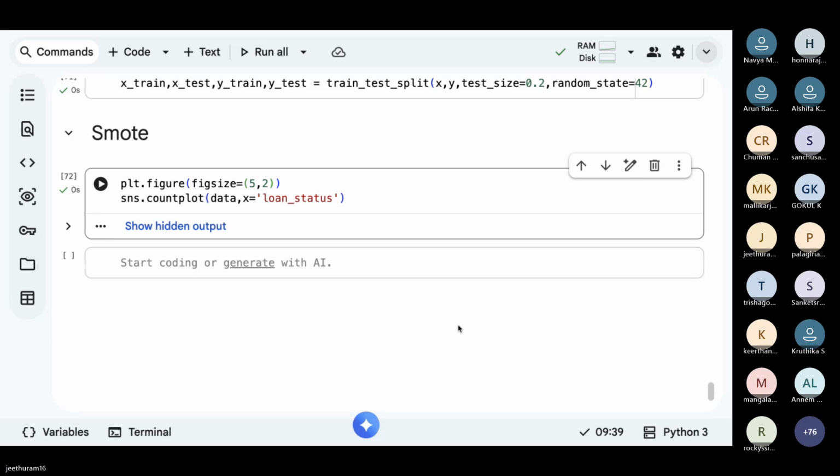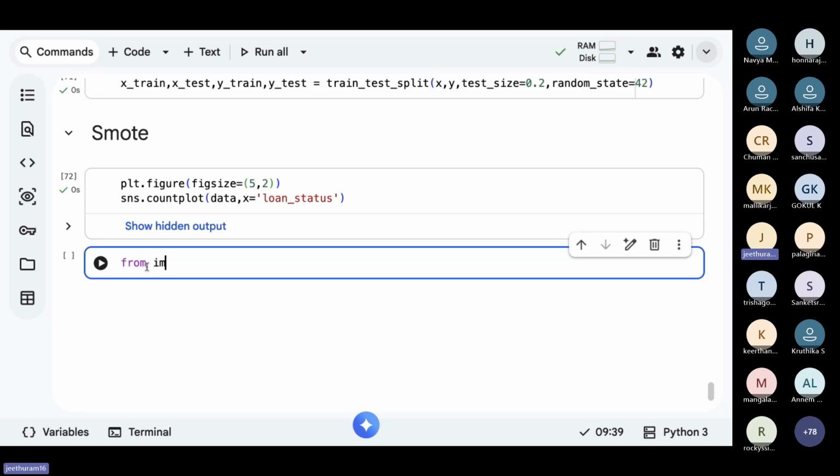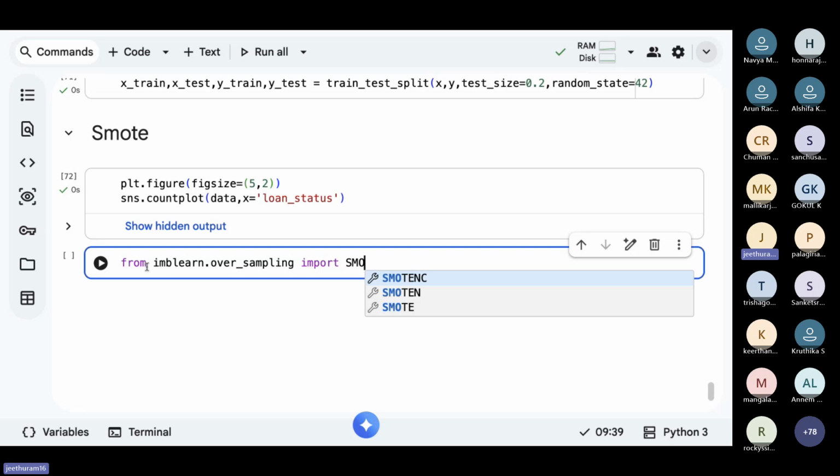So how do you implement it? Simple: from imblearn.over_sampling, you just need to import SMOTE.